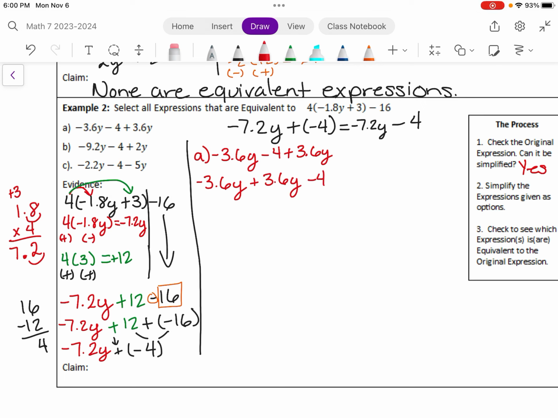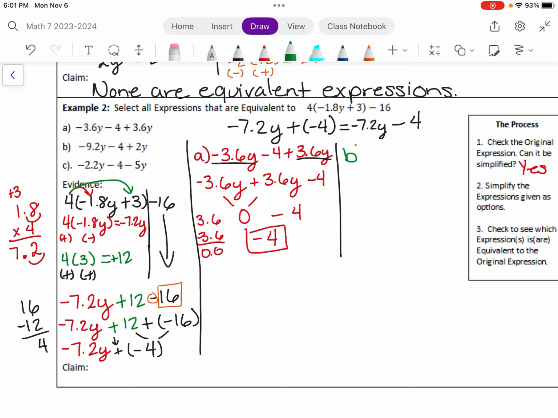And then I'm going to bring down my 4. Remember, they both have y's, which makes them like terms. Okay, now I can combine them. I have a positive and negative, which tells me I'm going to subtract. So 3.6 minus 3.6, that is 0.0, so 0. Then I bring down my negative 4, or my minus 4. And 0 minus 4 is just negative 4. Okay, so we'll come back to that later.